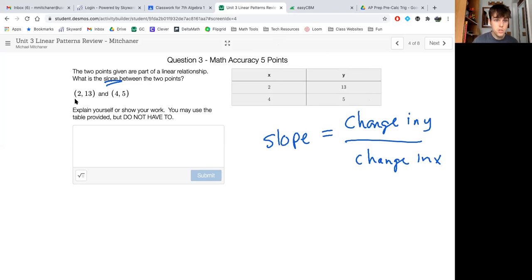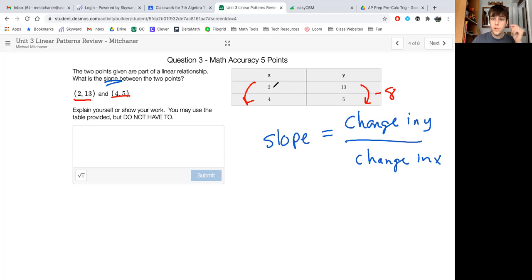So we take our 2 points, (2, 13) as x, y, and (4, 5), and we make a table. And then we need to figure out what our change in x and what our change in y is here. So going from 13 to 5, that's decreasing. We could count it out, or we could figure out the difference, whatever we want to do. But this is decreasing by 8. That's our change in y.